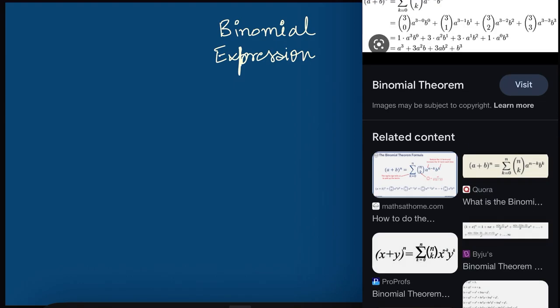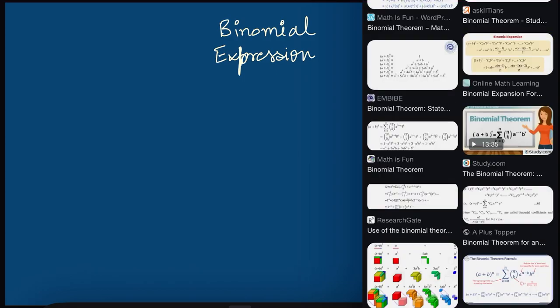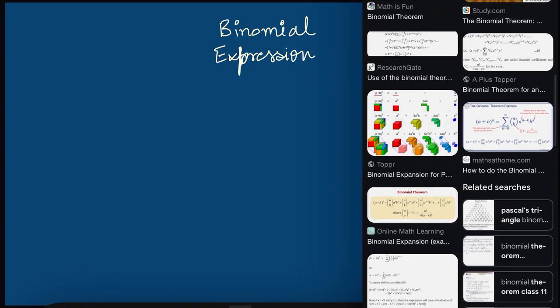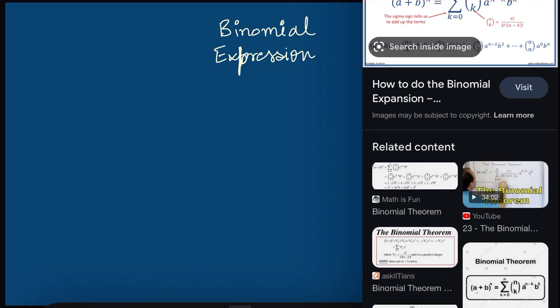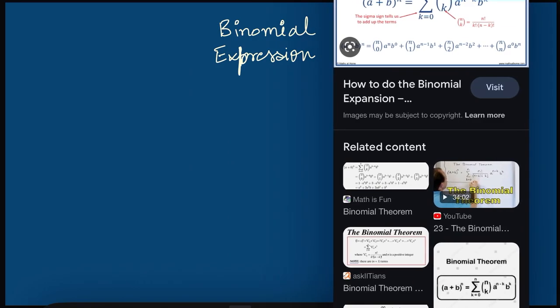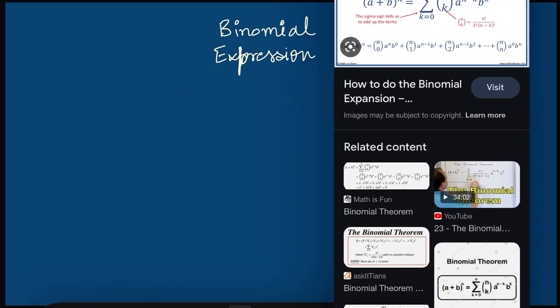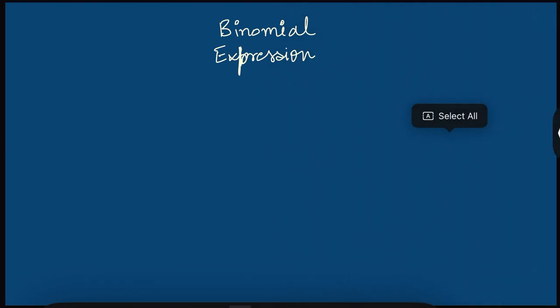So the binomial expression can be expressed in this form. Here is the accurate formula: it is the summation of combination of a to the power n minus k into b to the power k.